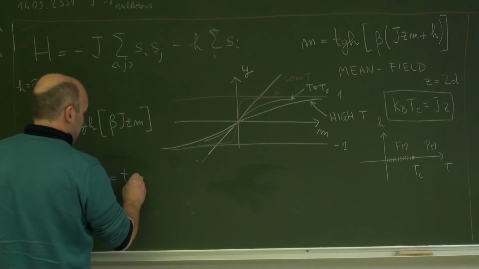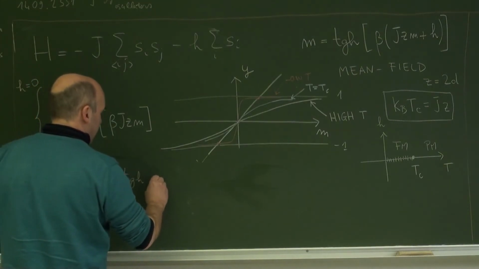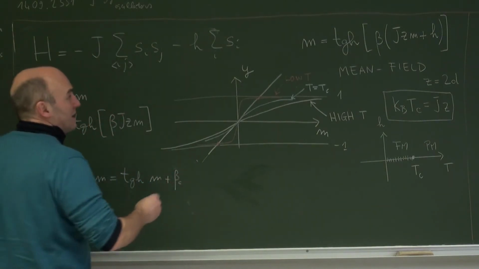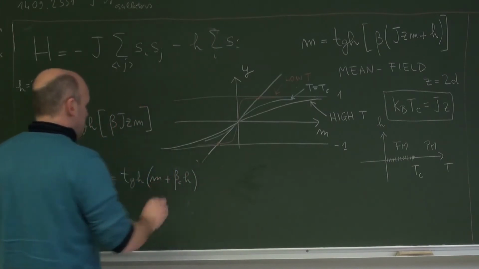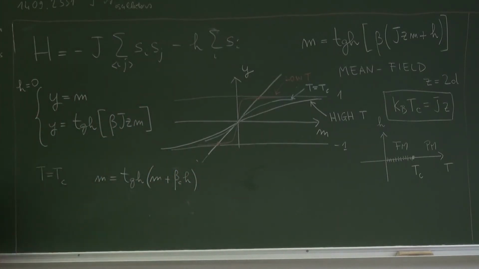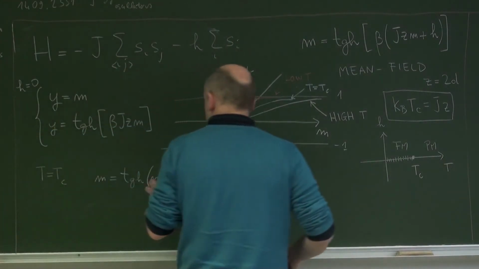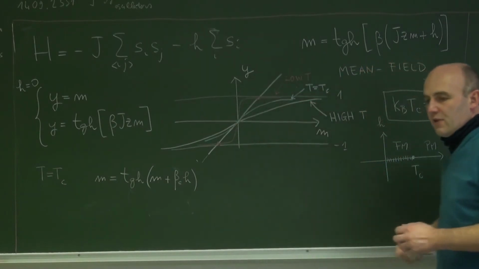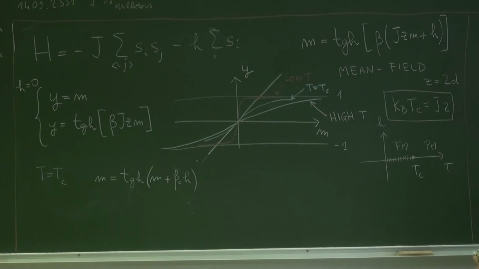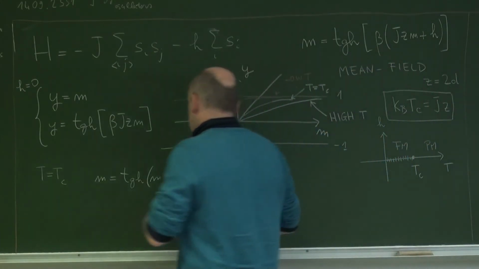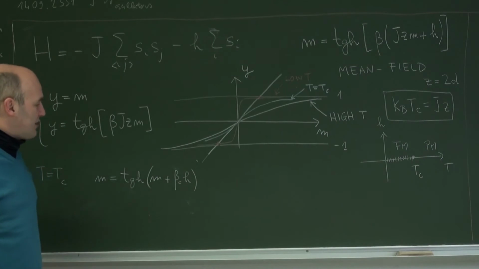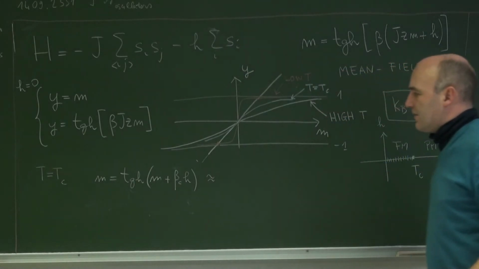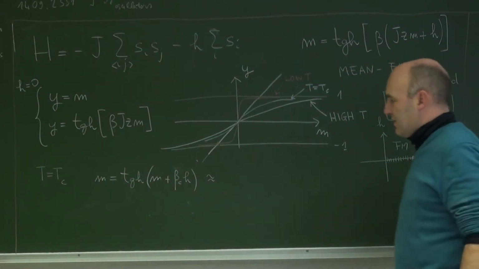So we have the hyperbolic tangent of M, and here we have beta c, the critical temperature, times H. What is the relation between M and H? Again, we are around the critical point, looking at the behavior of the system in the vicinity of the critical point. So both M and H are small variables, and therefore I can again use the approximation and expand the hyperbolic tangent in a Taylor series.